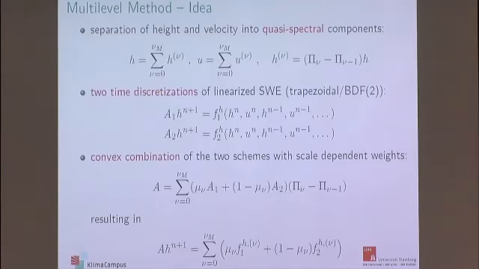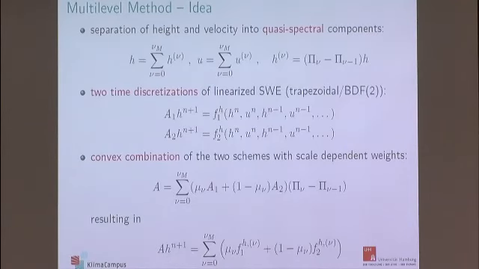By doing this, we get another new operator, which has some kind of multi-level or multi-scale information. So these operators actually represent the Helmholtz operator for the two schemes in the particular case. And by the scale-dependent blending, we get another Helmholtz problem for the height in the end, and similarly for the velocity.